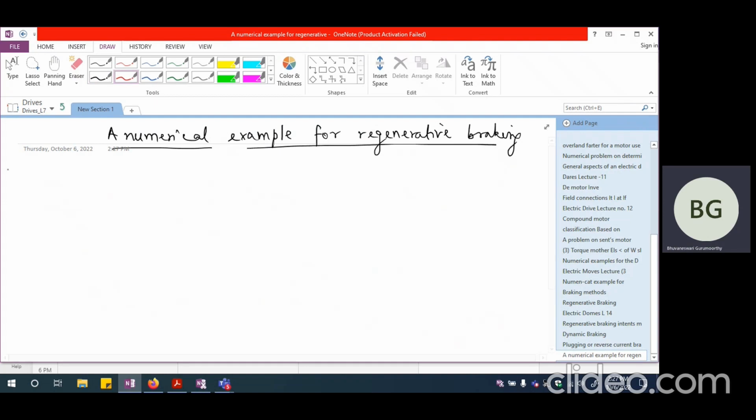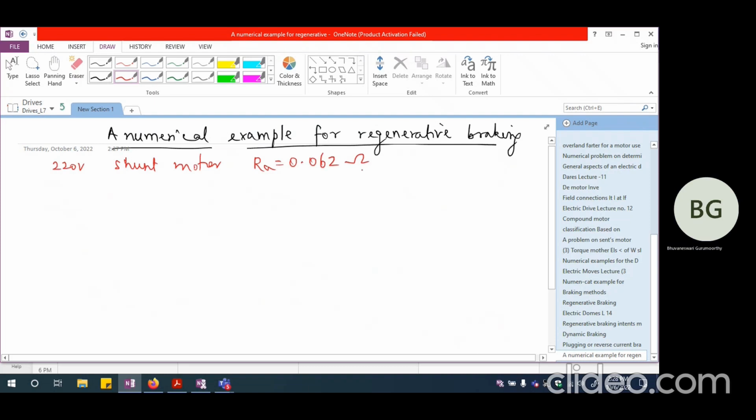It is a 220 volts shunt motor, and it has an RA of 0.062 ohms. EB is equal to 215 volts at 960 RPM and at rated excitation.